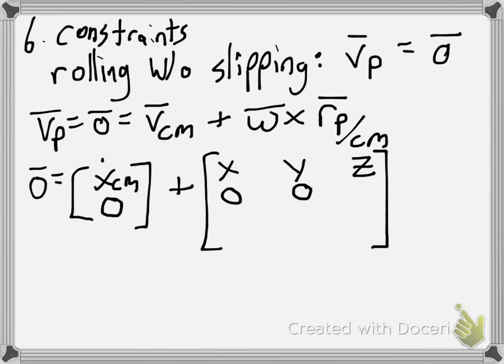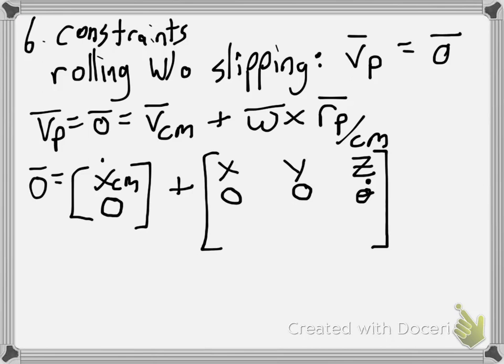So what do I put in z? Theta dot, right? This is our angular velocity of our disk, theta dot. And again, we assume it's positive. We assume positive, let the minus signs come out in the math.